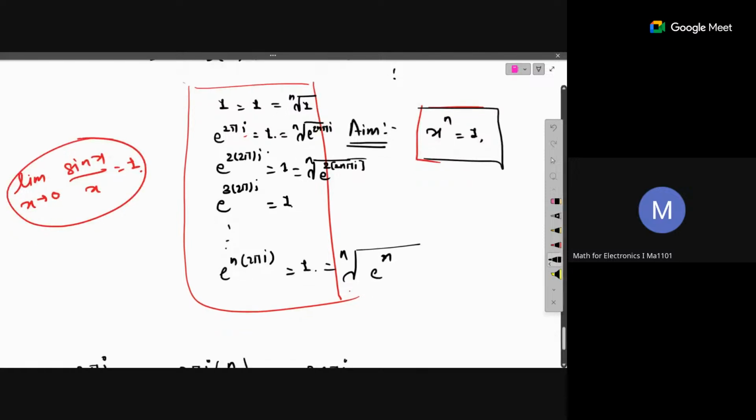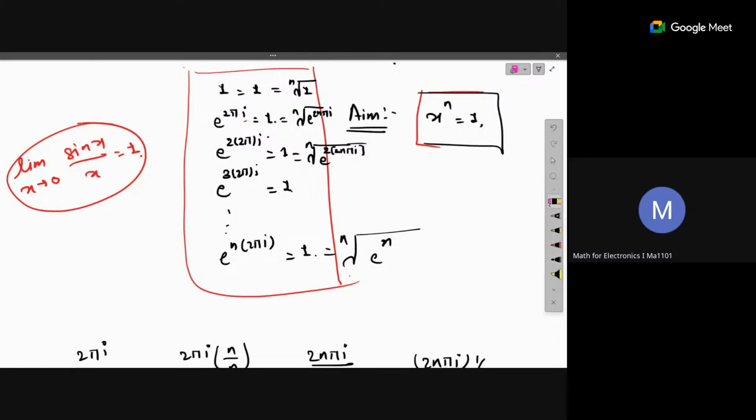Did I make any mistake here? I have to go up to n minus 1 only, because this will give us the same value. Here n minus 1, because we started with 0. So it is e to the power n minus 1 times 2 n pi iota.